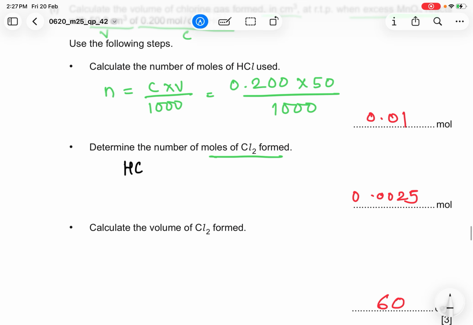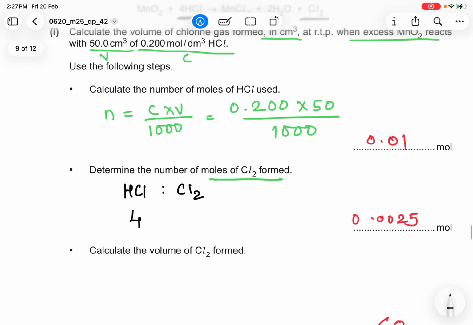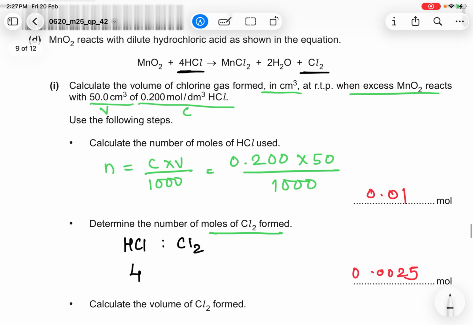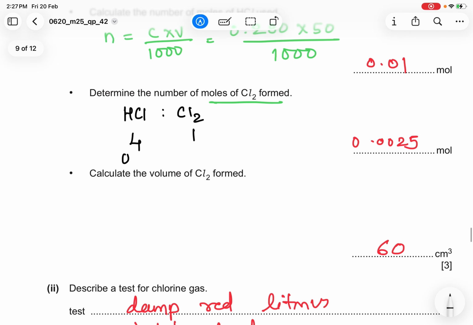For hydrogen chloride it is 4, and for chlorine there is no stoichiometric coefficient, so it is considered 1. For HCl, I have just found the moles, which is 0.01, and here it is x because we have to find it. We will cross multiply. So this becomes 0.01 into 1 upon 4 is equal to x. So the answer becomes 0.0025.